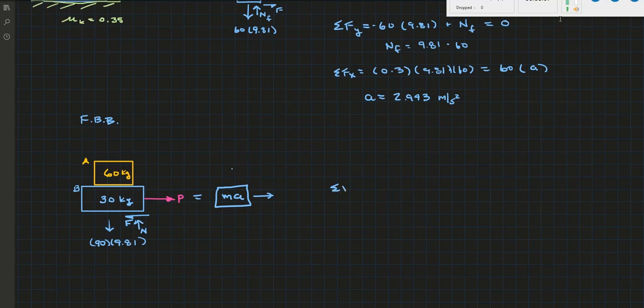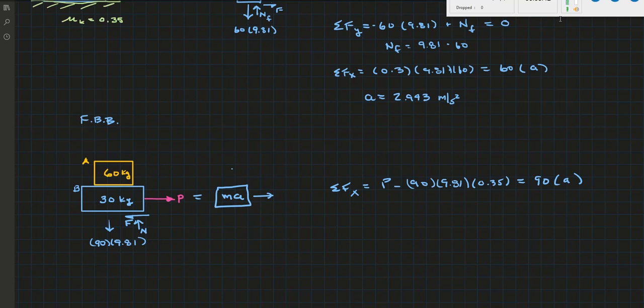If we sum forces in the x direction, we end up with P minus our force of friction, which is 90 times 9.81 times the coefficient of friction, now 0.35 for kinetic friction there, and this equals 90 times our acceleration.